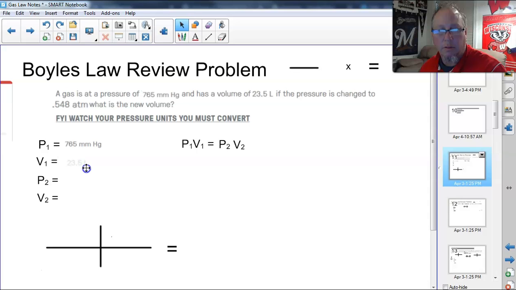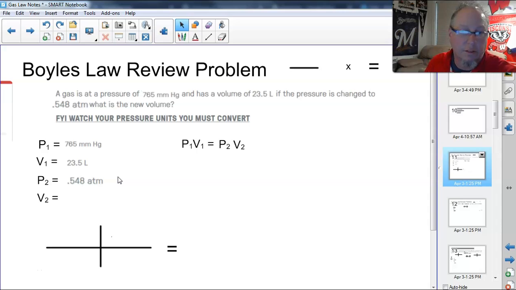So I'm going to put that one in for my volume. So these are the pressure and volume before a change. And it even says in the problem, the pressure is changed to 500, and I see that my pressure units are two different units, and that's going to be a problem. You always need your pressures, it doesn't matter what pressure unit it is, but they have to be the same.